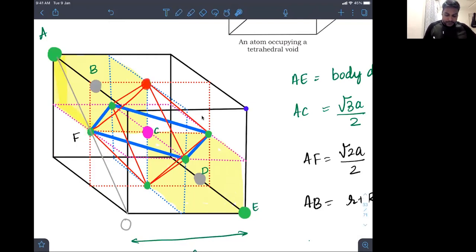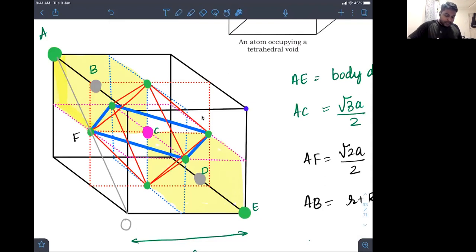And this is the face center of this particular face. Now if you could imagine these three faces touching each other, and above, if this atom lies over it, can you see this is becoming a tetrahedron? So exactly at the center of the tetrahedron, we will have a tetrahedral void. So that's how the tetrahedral void is formed.